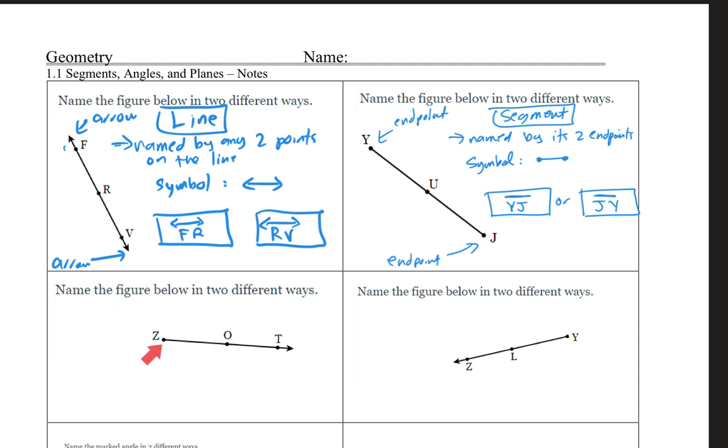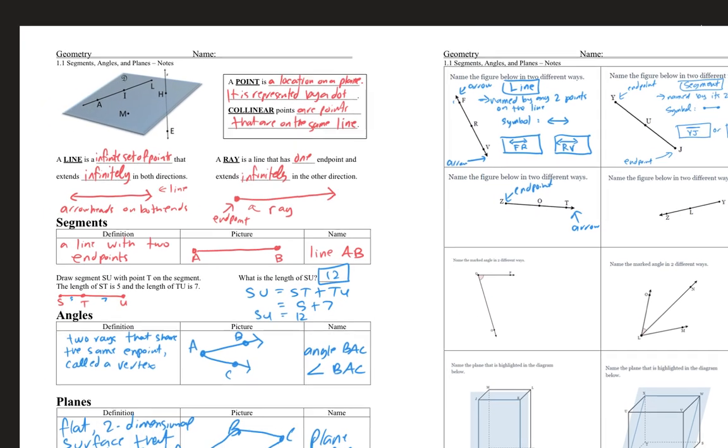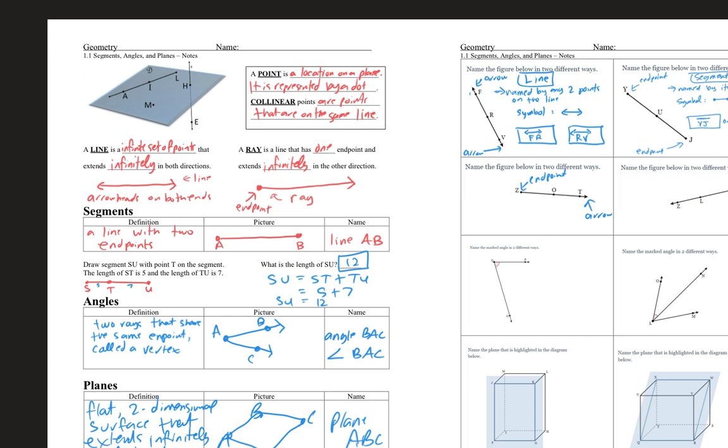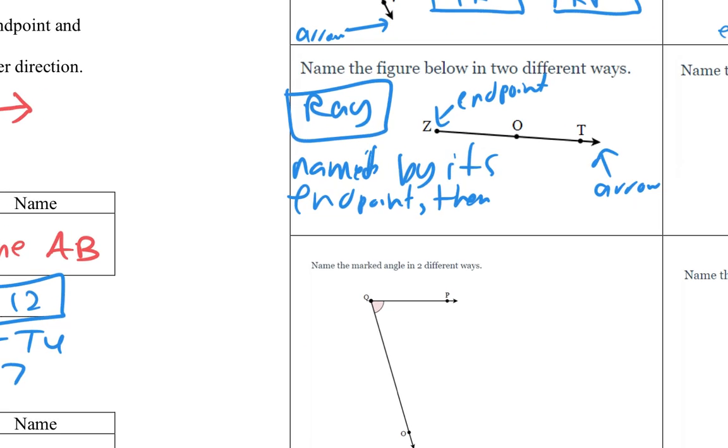All right, next, name this one in two ways. So what do we notice about this one? This one has an endpoint and an arrow. So when it has an endpoint and an arrow, we said that was called a ray, right? So a ray is named by its endpoint, then another point.